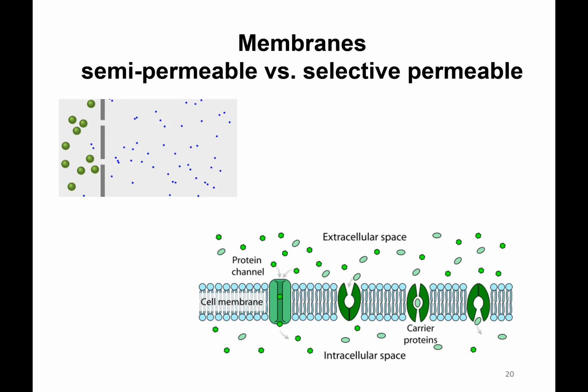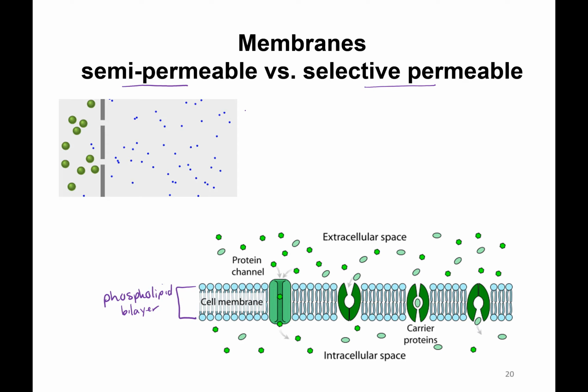All right, so we've been talking about cell membranes and organelle membranes as phospholipid bilayers. I want you to be able to understand the difference between these two terms, semi-permeable and selective permeable. All membranes are semi-permeable.